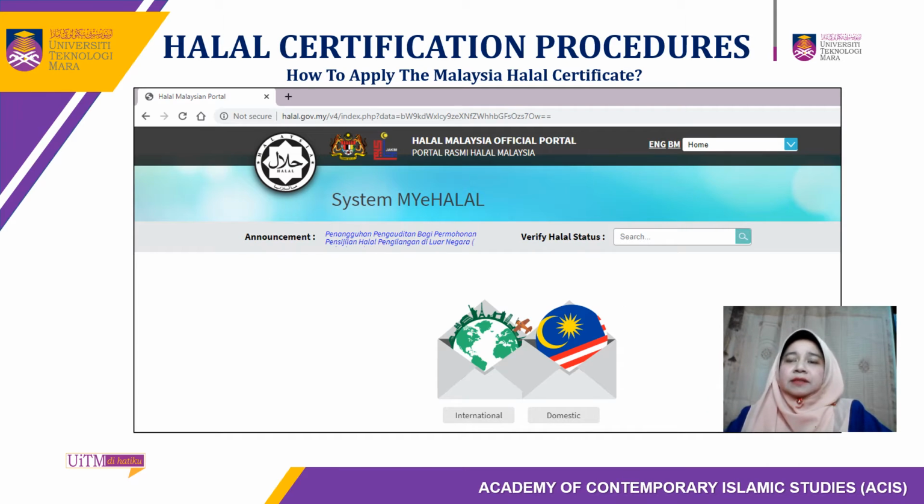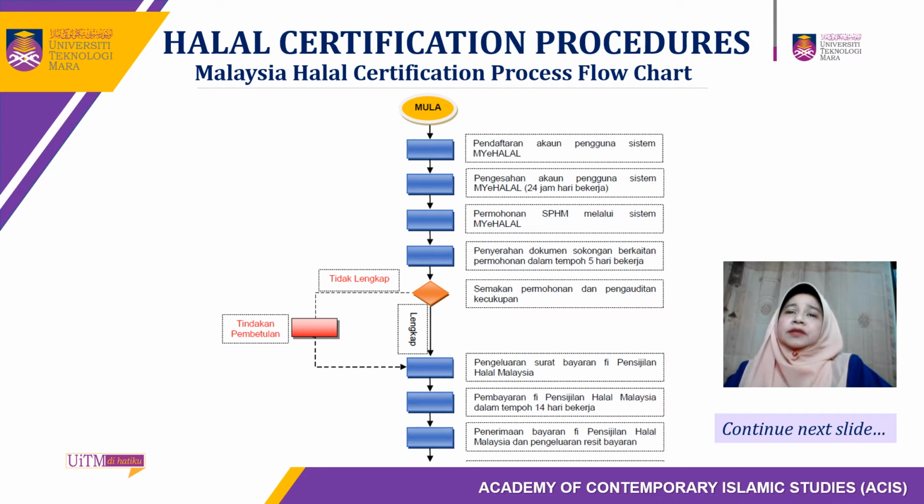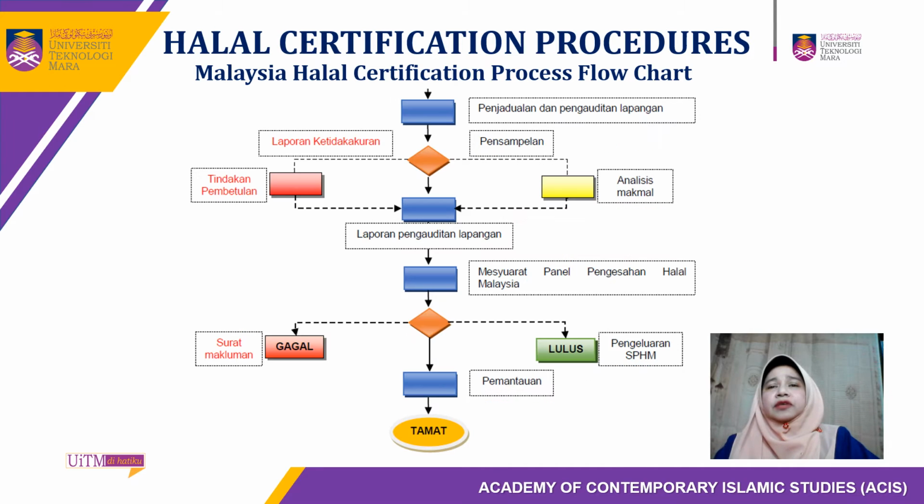So this is the system My eHalal. Alright, so this is the flow chart, where we start from the registration and the auditing process, and we have the decision from the board until it comes to the last decision, either success or fail.